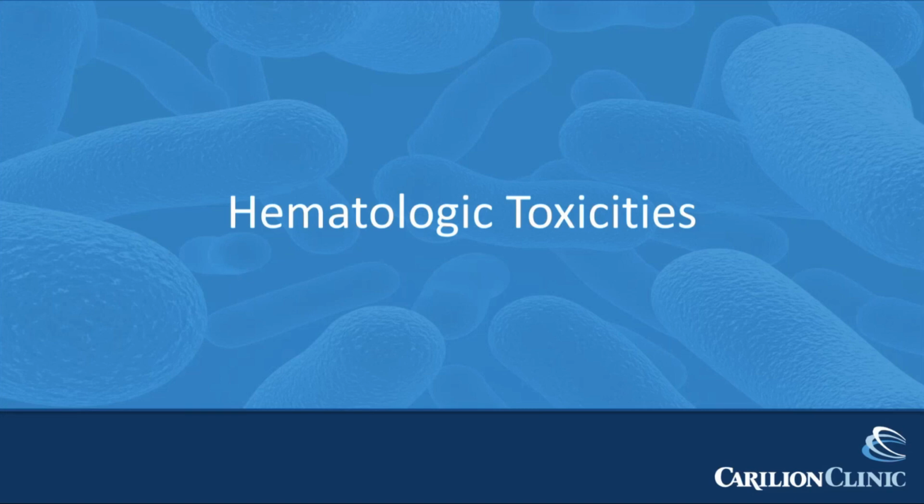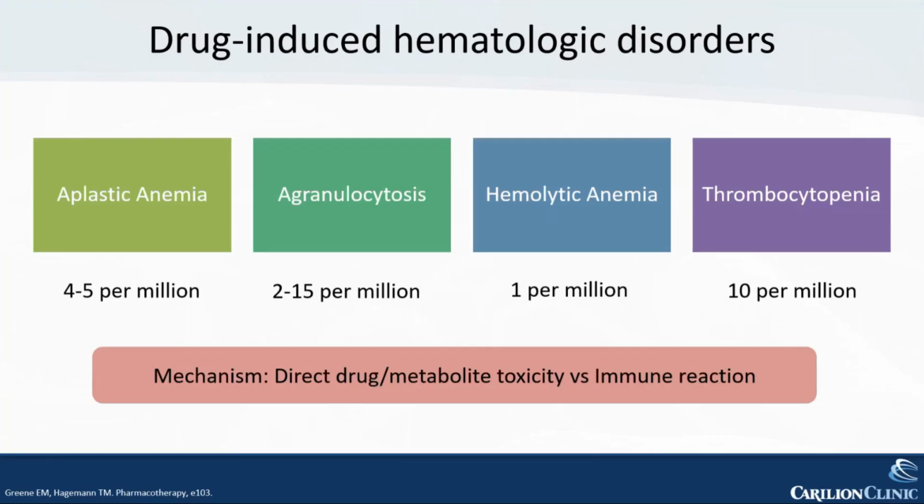And now we're going to move on to our hematologic toxicities. So when we think about our hematologic disorders, we're going to touch on aplastic anemia, agranulocytosis, hemolytic anemia, and then thrombocytopenia. Generally, the mechanism can be differentiated between more of a direct toxicity, either from the drug or a metabolite of the drug, or it's more of an immune reaction.